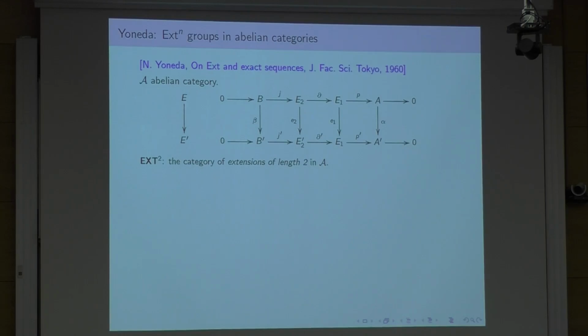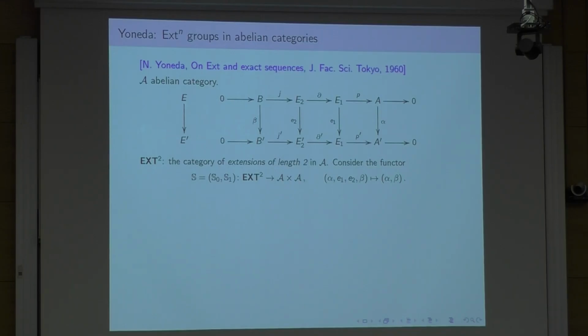But of course everything can be expressed also for different lengths. And we consider a functor which associates with any morphism of extensions two morphisms, a pair of morphisms. The one alpha is between the co-kernels, while alpha beta is between the kernels.